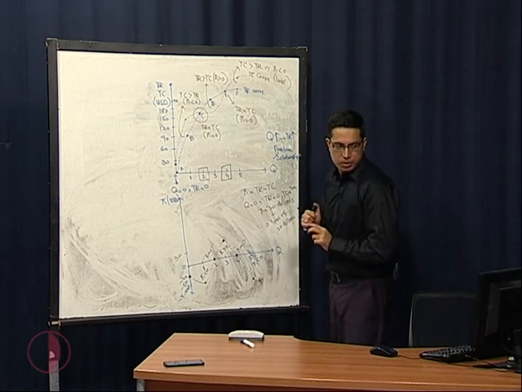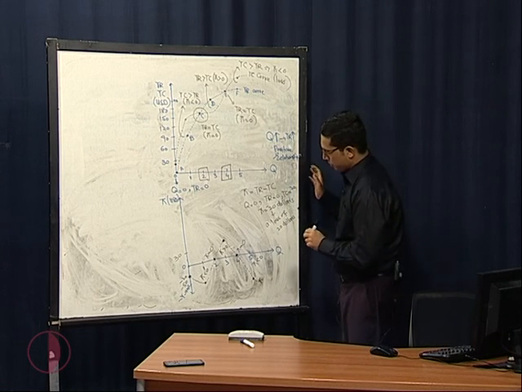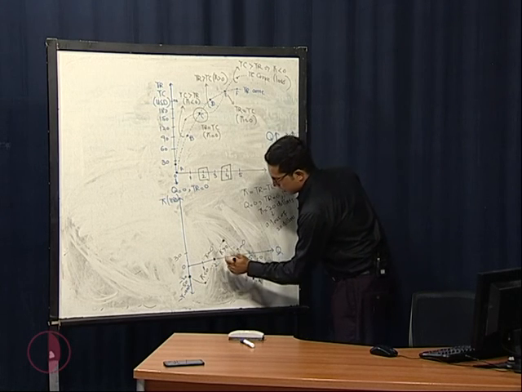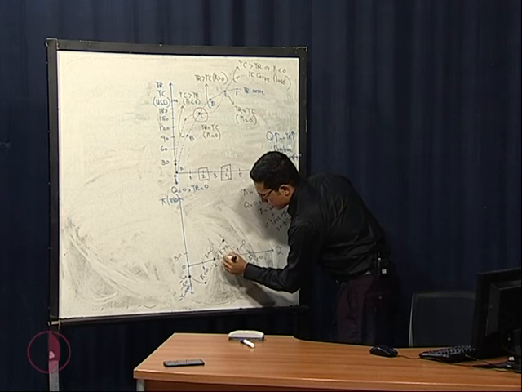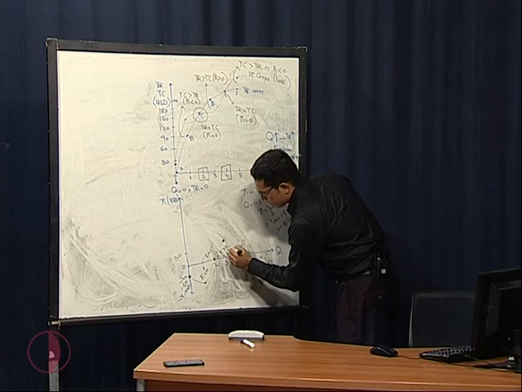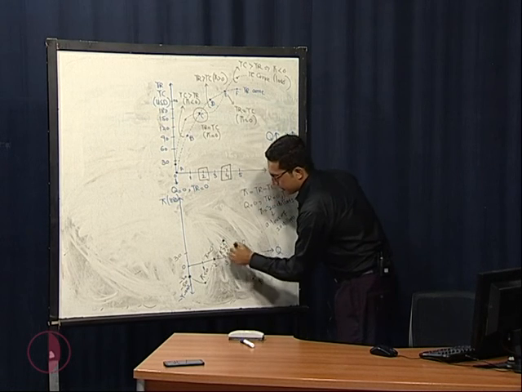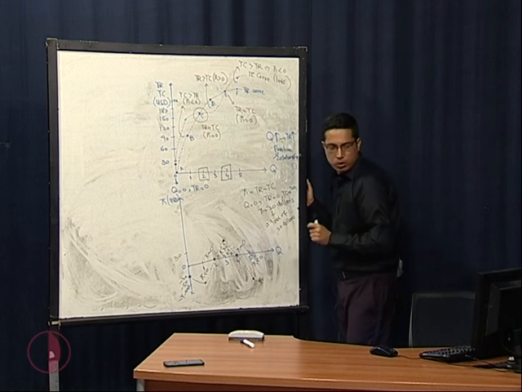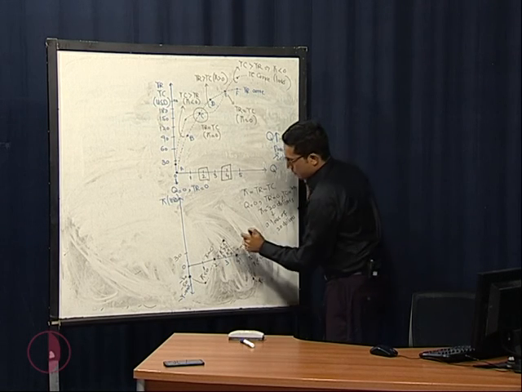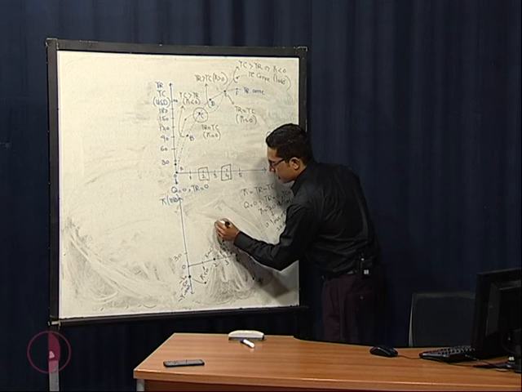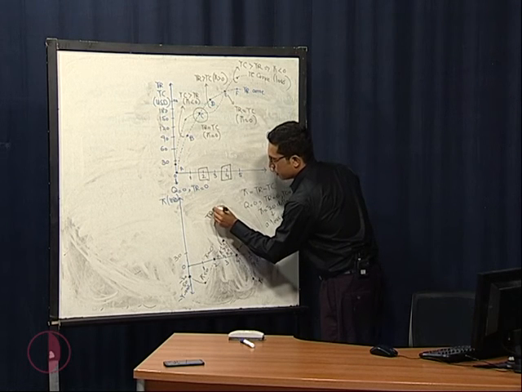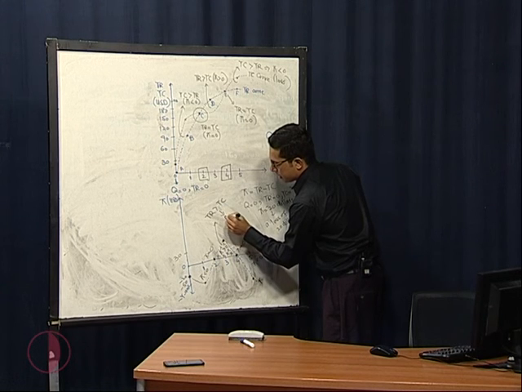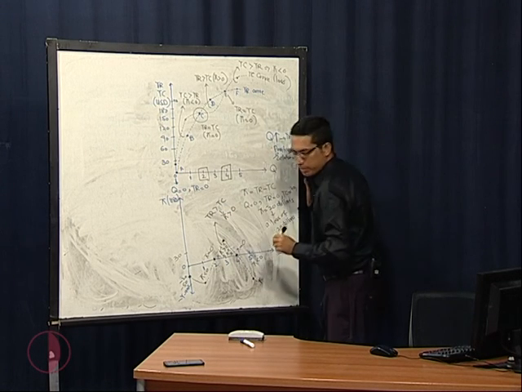So between Q equal to 2 and Q equal to 4, this area, I mark this with a cross. In this area between Q2 and Q4, total revenue was greater than total cost. It means that profit was positive.